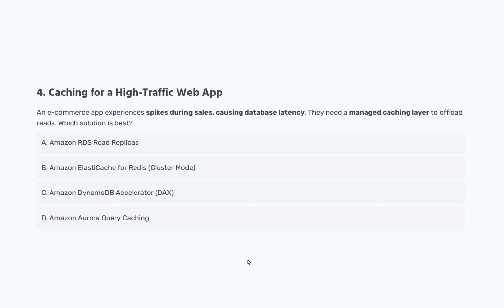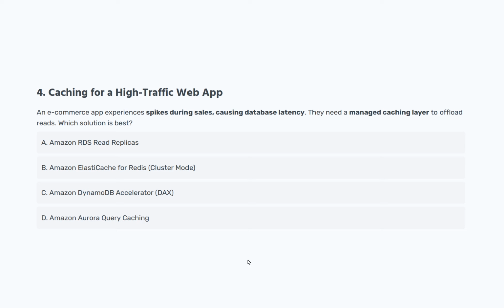Okay, so Amazon RDS read replicas. You're talking about the latency, and we're talking about heavy read load, so RDS is possibly not going to work. Okay, Amazon ElastiCache for Redis. Yes, that's a managed caching solution, purpose-built, right?